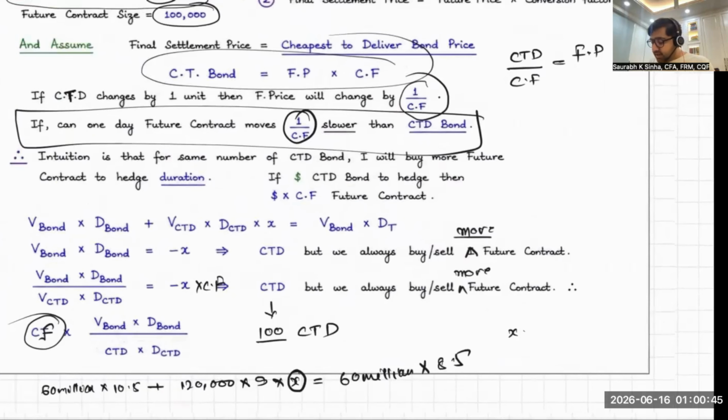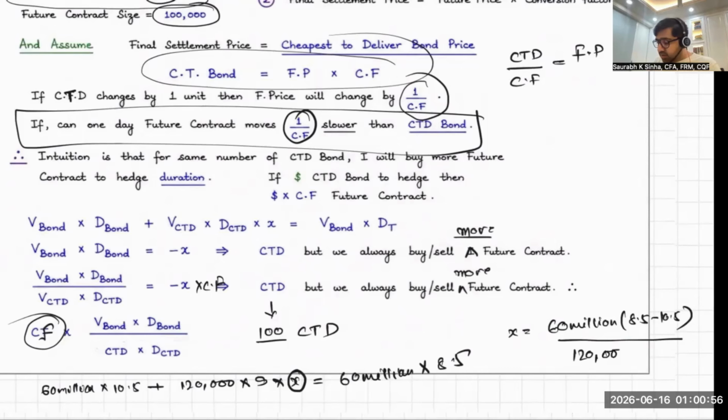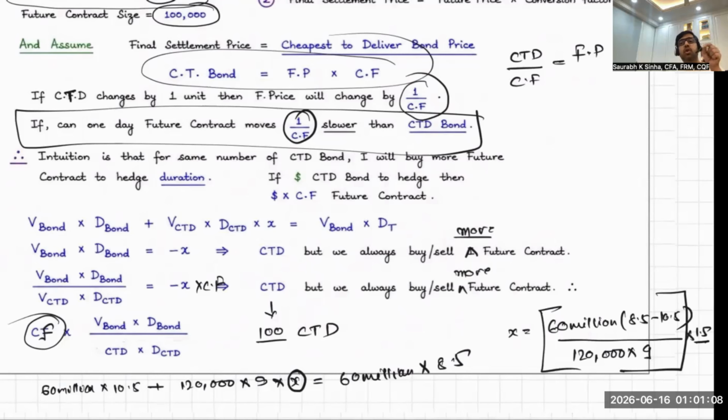So x is equal to 60 million into 8.5 minus 10.5 upon 120,000 into 9. Then you multiply with the conversion factor of 1.5, because this always gives you the number of contracts as if it were the cheapest to deliver bond, but nobody can buy or sell the cheapest to deliver bond in a futures contract. You buy and sell the futures contract itself. So the answer has to be in futures contracts.